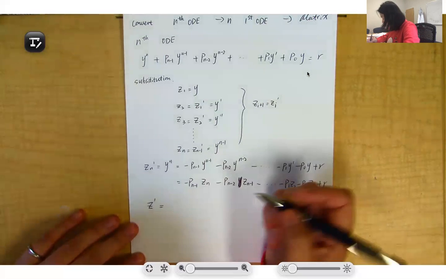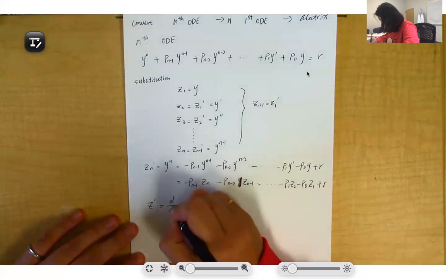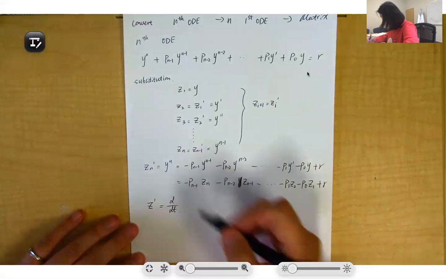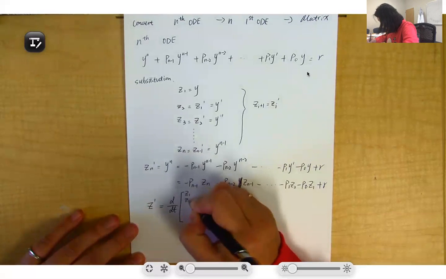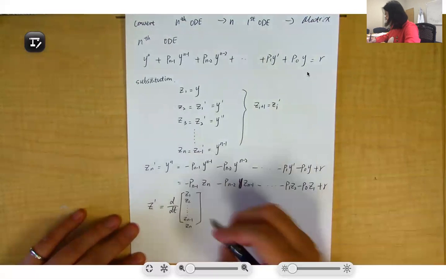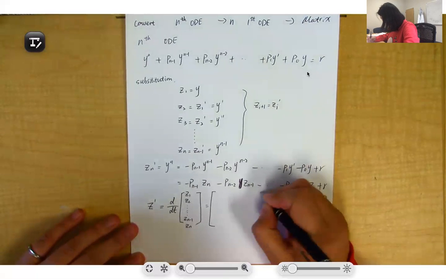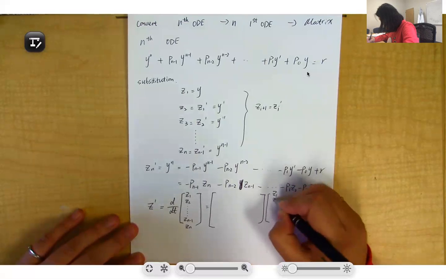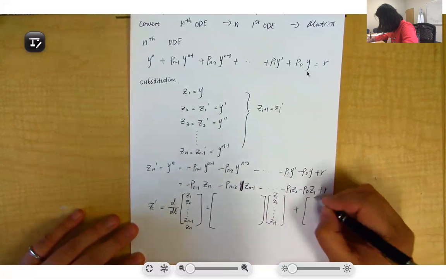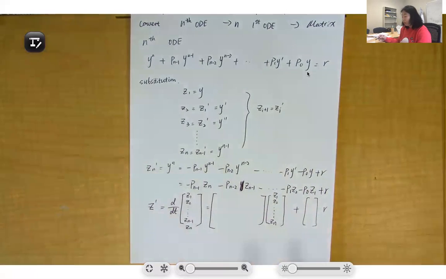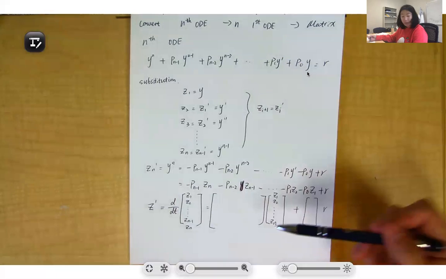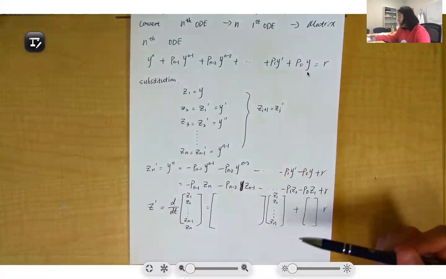We write z prime as d over dt, assuming our independent variable is time t, of the vector z1, z2, until z_{n-1}, zn. That equals a matrix times z1, z2, until zn, plus some coefficients of the forcing function. Then we just need to fill out those coefficients to represent our nth order ODE as n first order ODEs in matrix form.